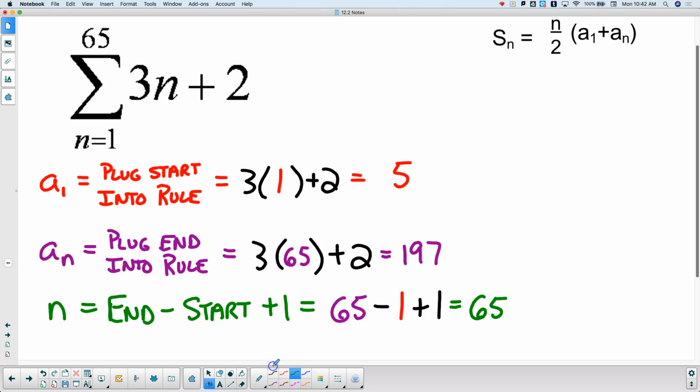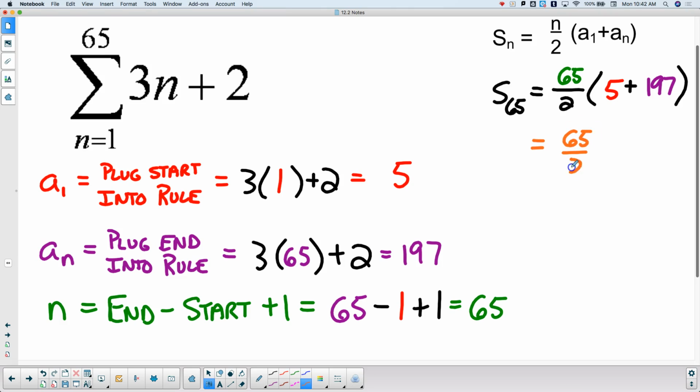Now you have the three values that you need to find the sum. So the sum of the first 65 terms is going to be 65 divided by 2 times 5 plus 197. Is that 202?